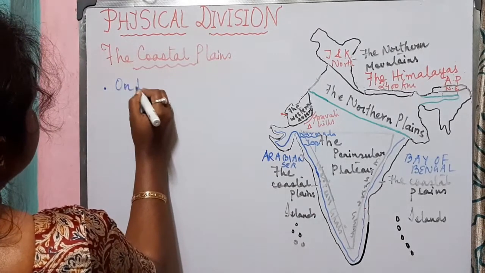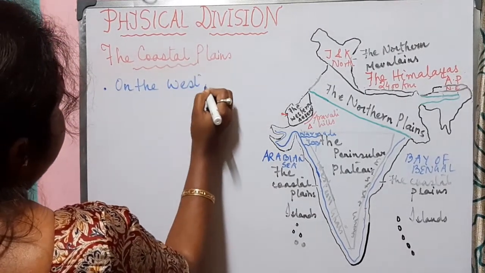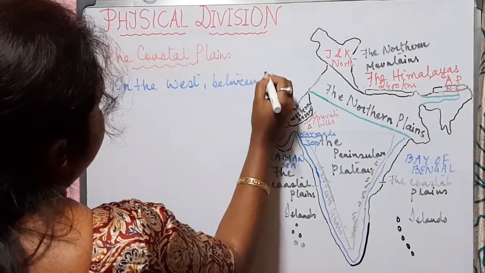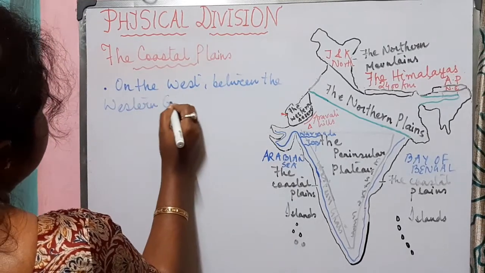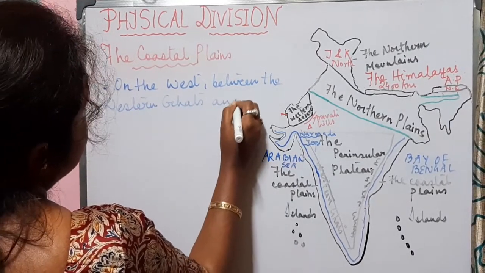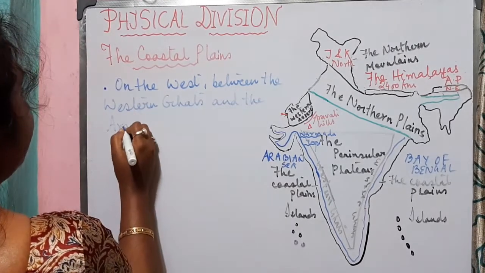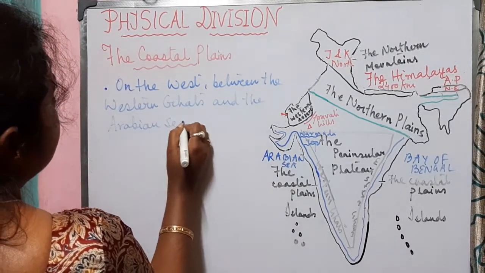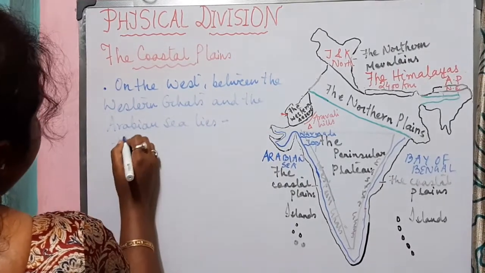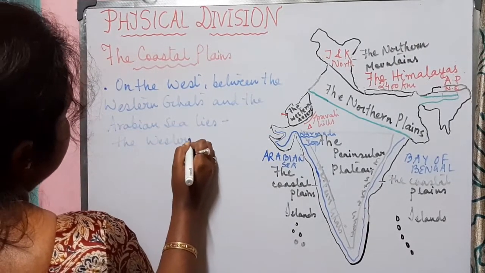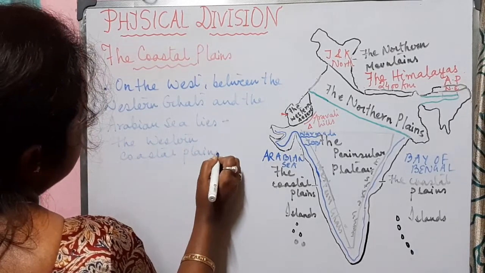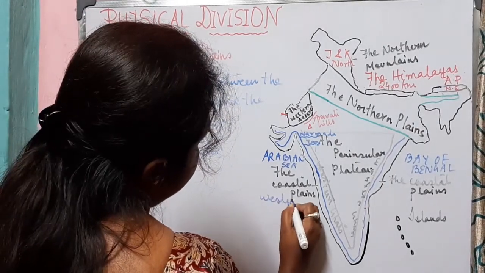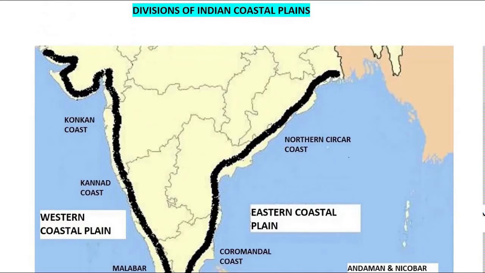On the west, between the Western Ghats and the Arabian Sea lie the western coastal plains. So here we have the western coastal plains.